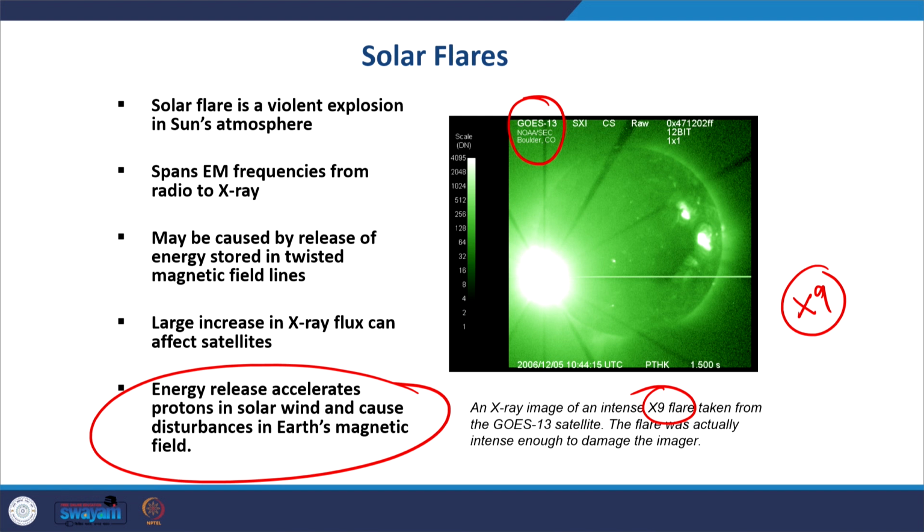This is an X-ray flare taken from the GOES 13 satellite. The flare was actually intense enough to damage the imager, the very imager that had taken the image. This occurred on December 5th, 2006.